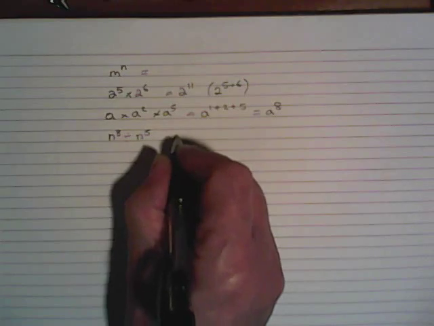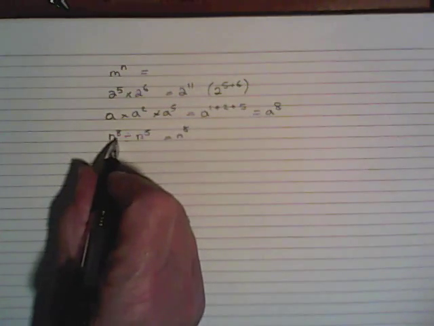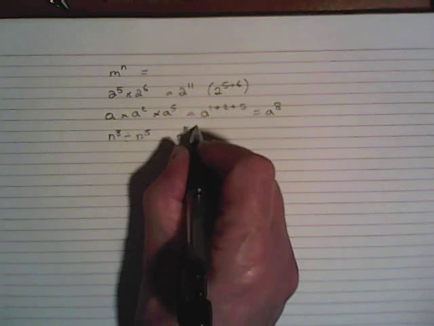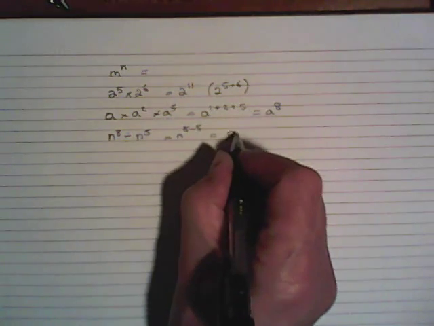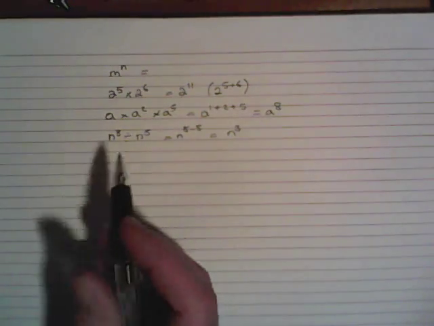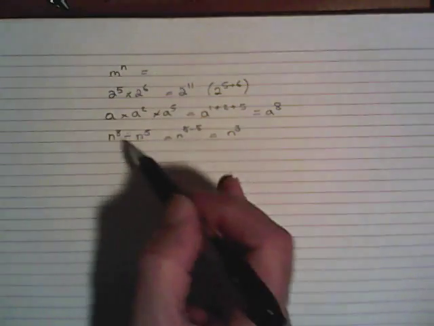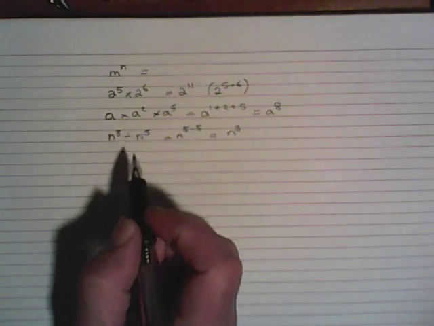So this becomes n to the power of 8 minus 5, which equals n to the power of 3, n cubed. So rather than using completely algebra, we're now using numbers as the powers, and we can see what we're doing.